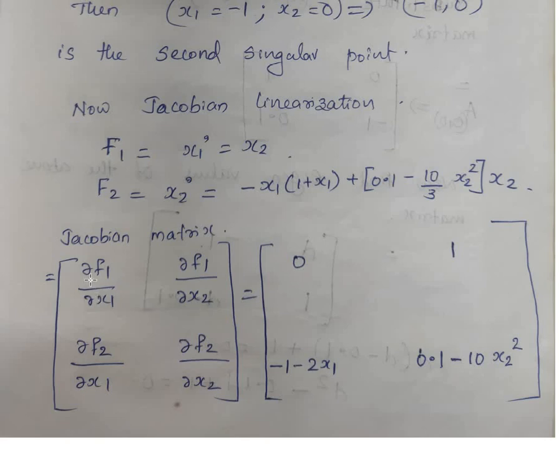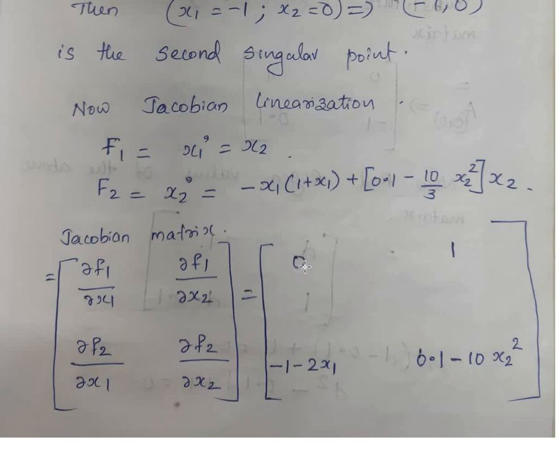So, take the first function. First function is x1 dot is equal to x2. That means your x2 is your first function. You have to always write this part of the equation. So, while finding the derivative of this function, that is x2 with respect to x1, we can say that it is 0. This is why I am writing here 0, because derivative of x2 with respect to x1 is 0.